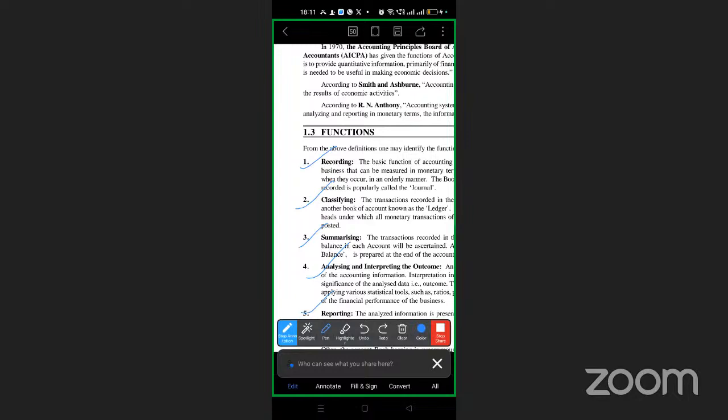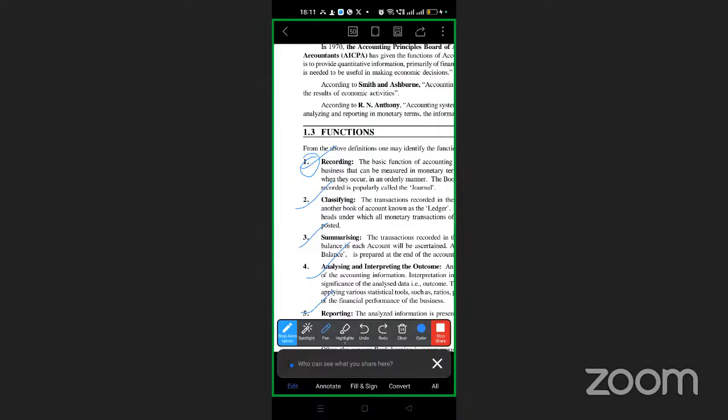So what are we recording? Recording means whatever monetary transactions or monetary activities take place daily in the business will be recorded. Where do we record? We record in a book, in an orderly manner, that is, order-wise.